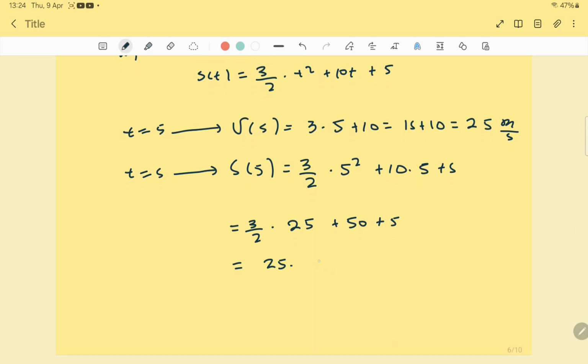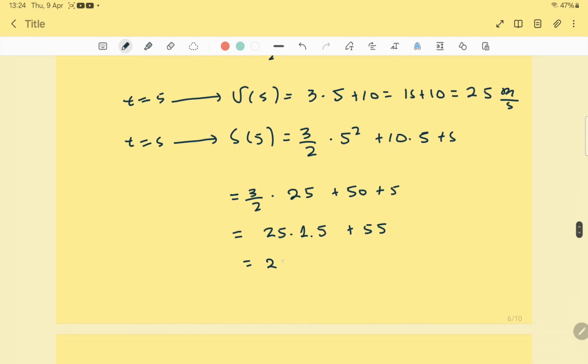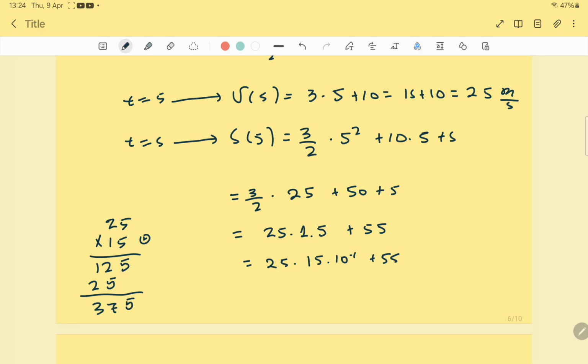It's going to be 25 times 1.5 plus 55, so that's going to be 92.5 meters.